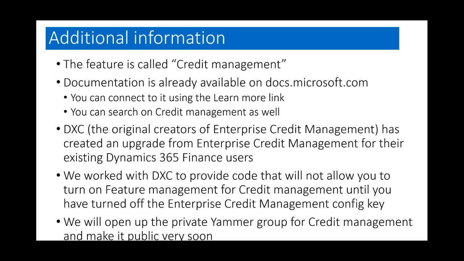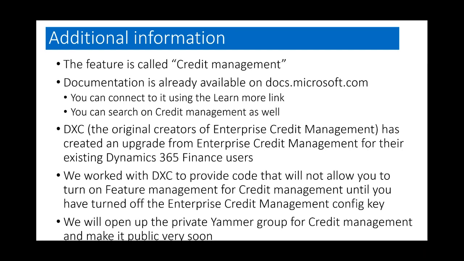What we were worried about is that somebody's got the DXC version with a config key turned on, and then they go to Feature Management and turn it on, and then all of a sudden they've got two of everything and all sorts of different things out there, which is not what we want to happen. So we put a test in our software that DXC has to send a yes to, and we're sending out a signal saying, is the Enterprise Credit Management config key turned on?